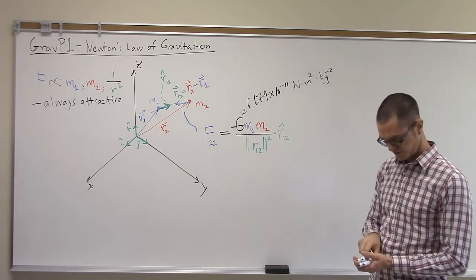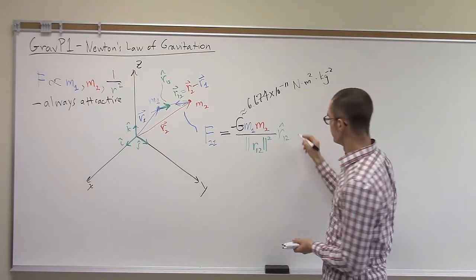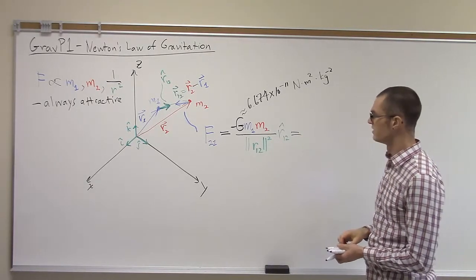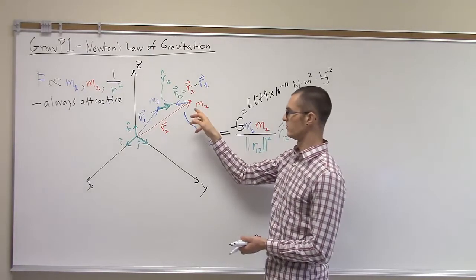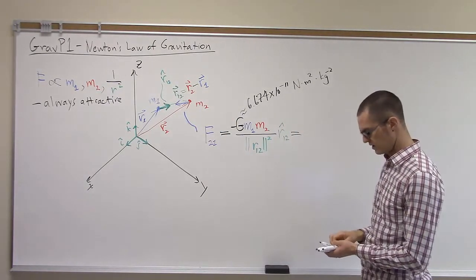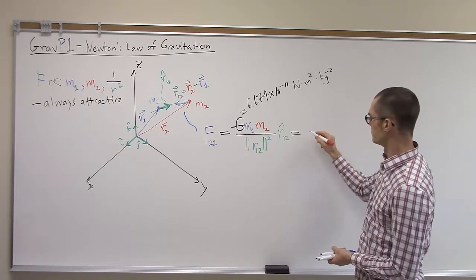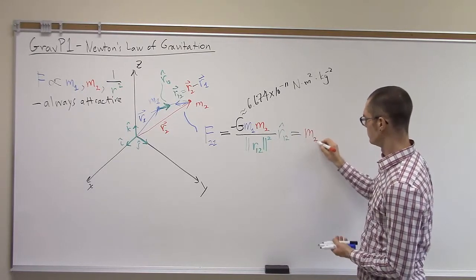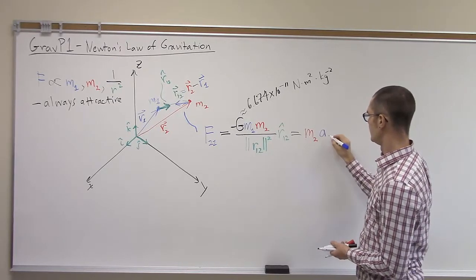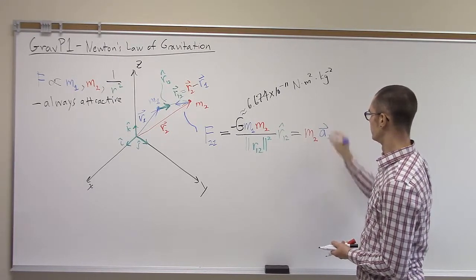We also know from Newton's second law that this F is equal to m2 times the acceleration of 2. So I can say that F equals m2 times a21.